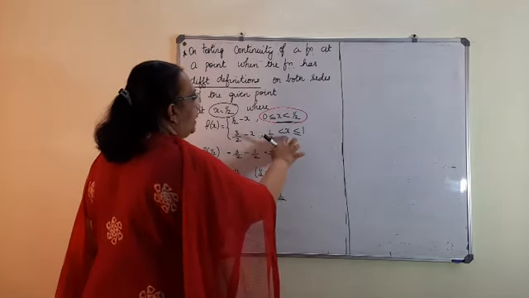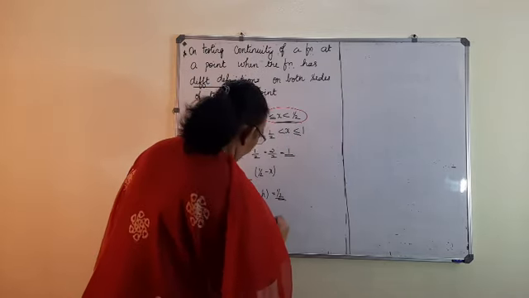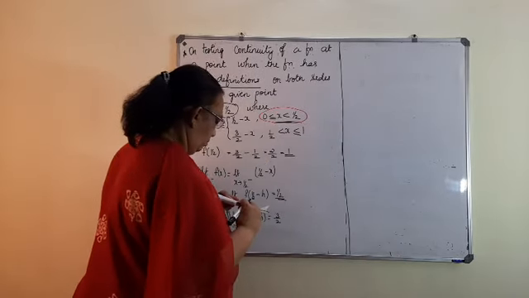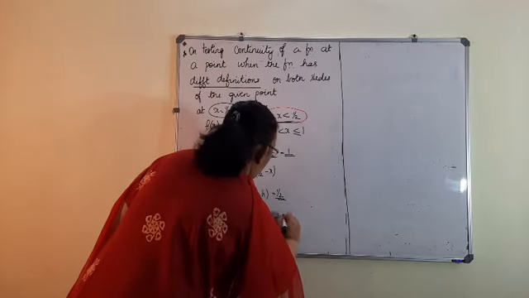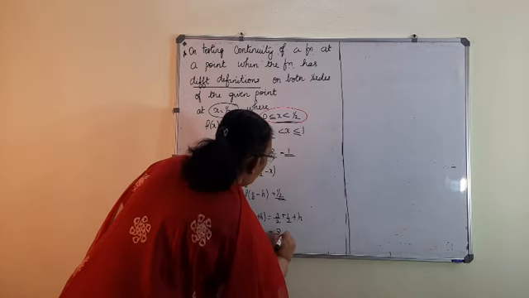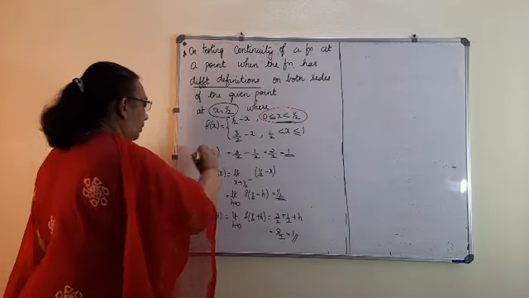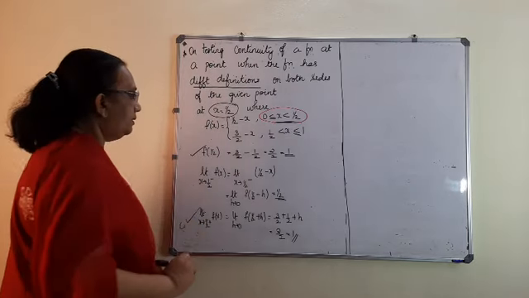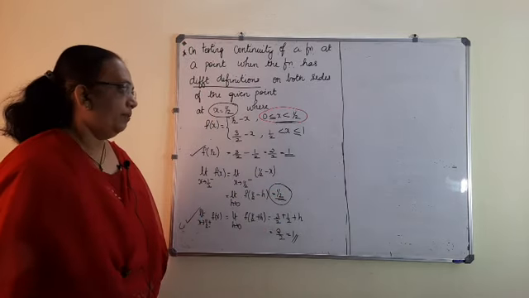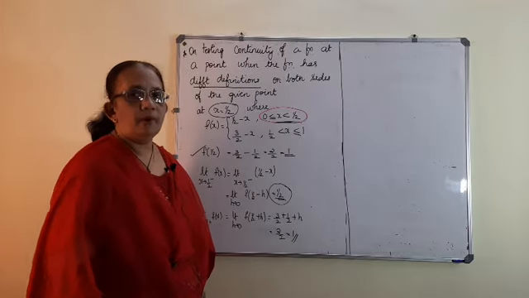Here x is greater than 1 by 2, so it is 3 by 2 minus 1 by 2 plus h. H is tending to 0, that is 2 by 2, which is equal to 1. But here you can see that at the point 1 by 2 the right hand limit is equal to the value, but the left hand limit is equal to 1 by 2. So the function is not continuous at x is equal to 1 by 2.